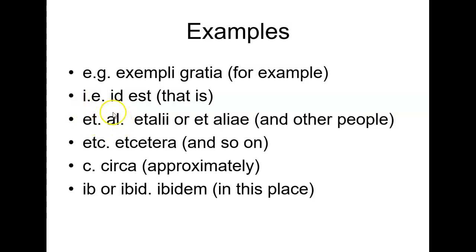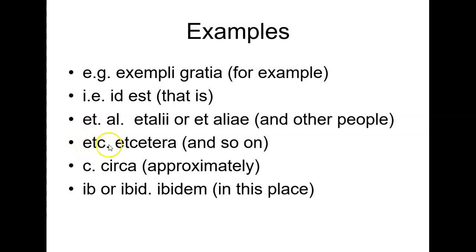Another example here, et al., which means et alii, or et alia, and that means in English, and other people. This I've seen when you've got multiple authors for a piece of writing, and you're listing all of those writers, or you're just listing the first person, and then saying et al., suggesting that there are other people who worked on that.